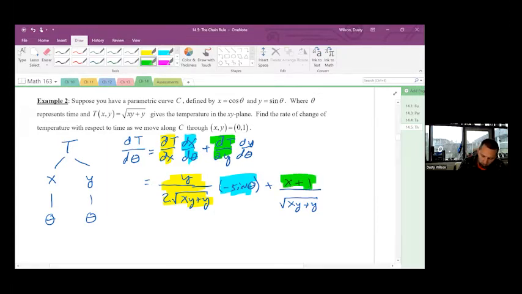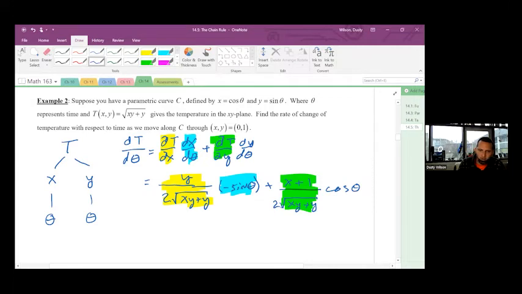So that's the green part. And then the derivative of y with respect to theta would be cosine of theta. So let's see if we put, ooh, and there's another 2 missing. I've had a good amount of little things missing, but hopefully we've caught them all.